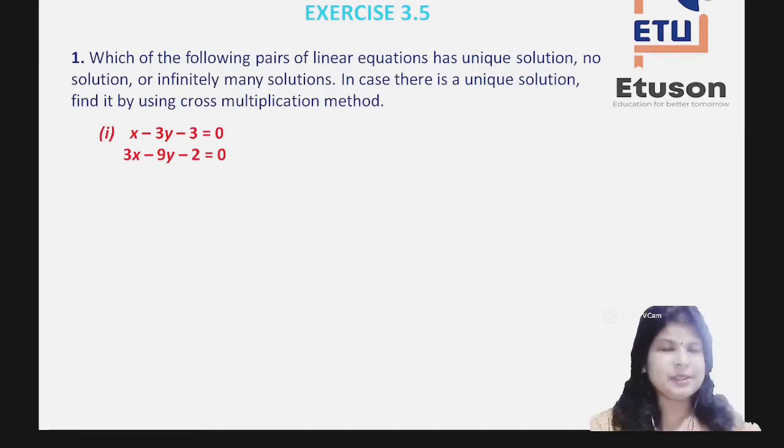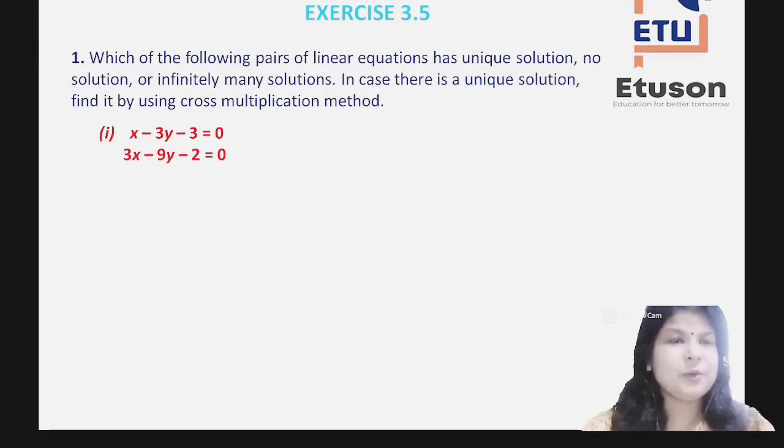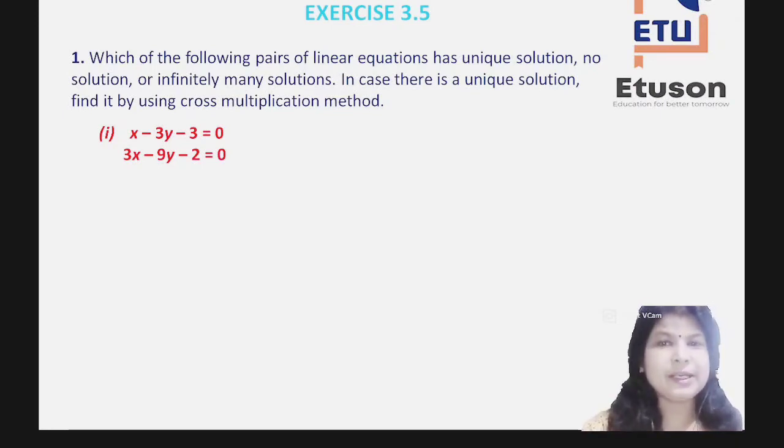So this is our exercise 3.5, question number 1, bit 1. Let us read out the question first. Which of the following pairs of linear equations has a unique solution, no solution, or infinitely many solutions? In case there is a unique solution, find it by using the cross multiplication method.